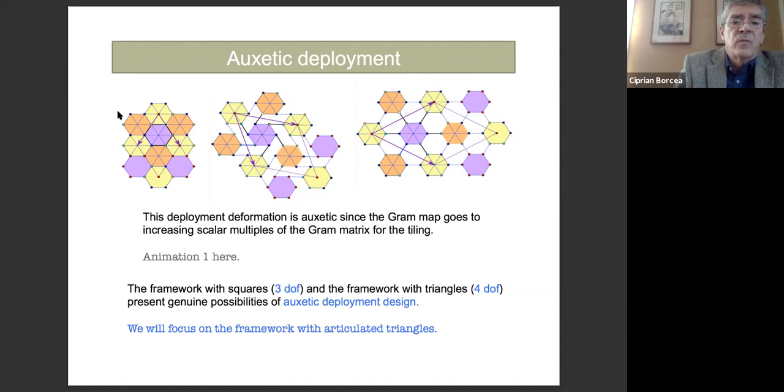And obviously, we can use as a parameter the angle here between the edge of the central hexagon and, say, the number one link.